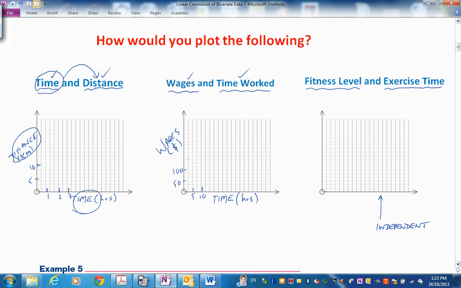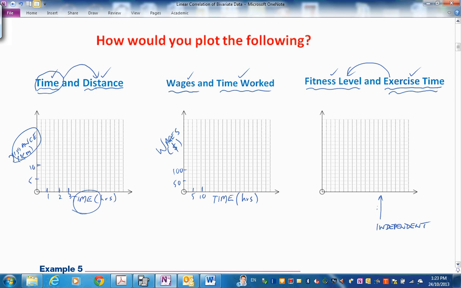Okay, are you getting the idea of things? There is a definite process here. All right, what about fitness level and exercise time? Well, as exercise time changes, in terms of the time spent on exercise, you expect your fitness level to improve. It should be in response to that.